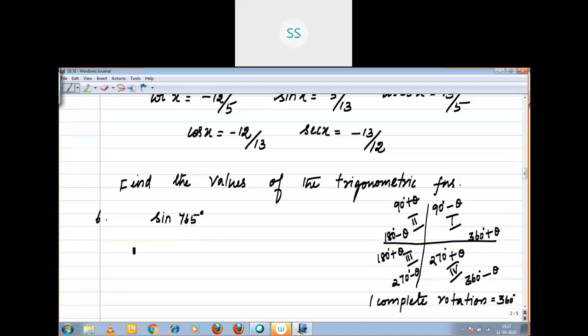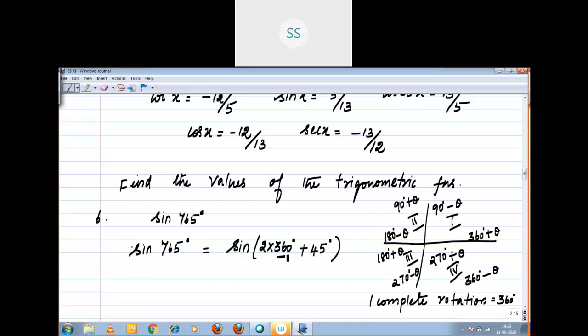Here, how many complete rotations are over? Sine 765 equals, children, listen carefully, 2 into 360 degree, that is 2 complete rotations are over, 720 degree, plus 45.